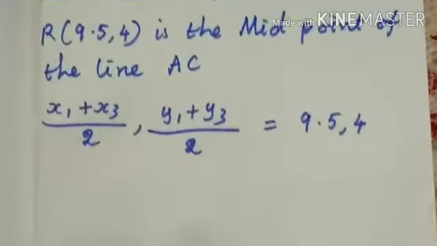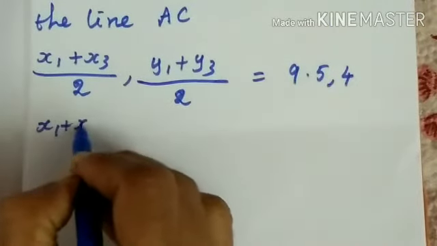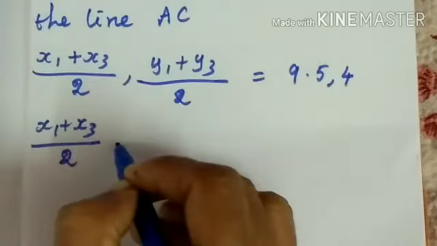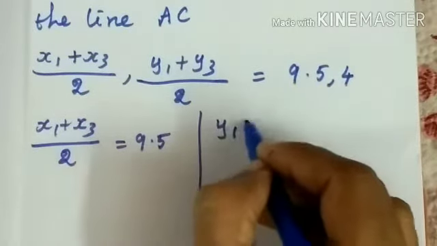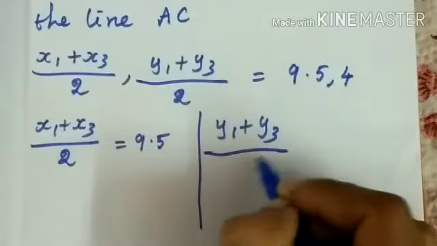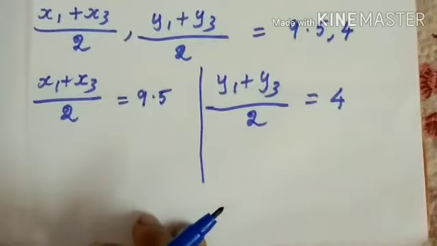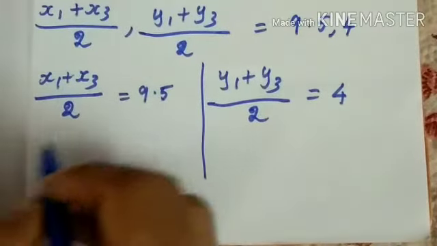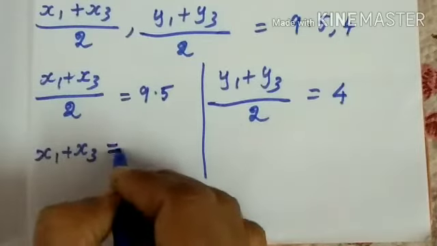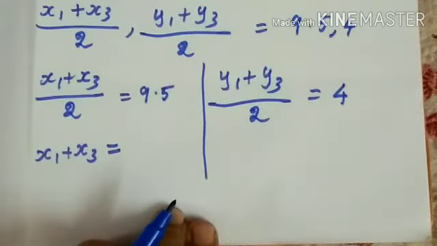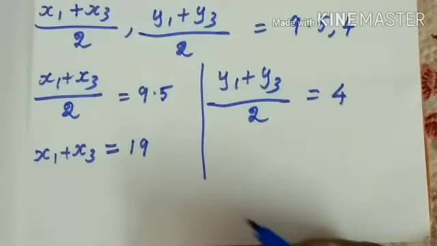Now comparing the coordinates, we get (x1 plus x3) by 2 is equal to 9.5, then (y1 plus y3) by 2 is equal to 4. Now you cross multiply, means we get x1 plus x3 is equal to 9.5 into 2, we get 19.0.